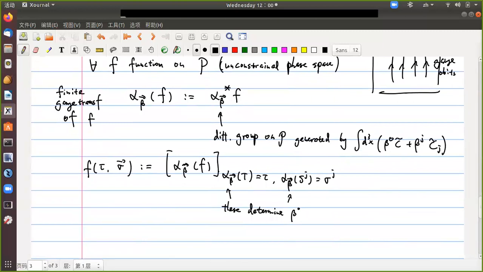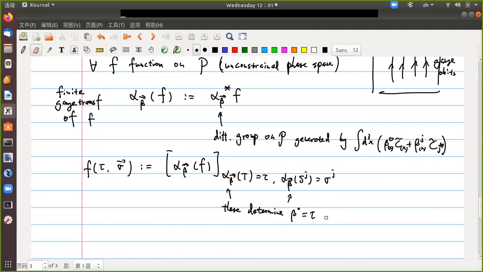You can explicitly write down this expression, and in the end, this gauge transformation of T and S is just the translation of T and S. When you explicitly write down the gauge transformation of T and of S and plug into this formula, you can explicitly solve for beta. You get beta equals tau minus T. Well, beta is a field, just like C and C^j are fields depending on x.